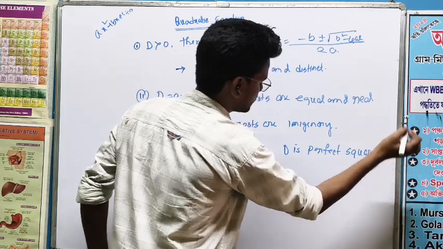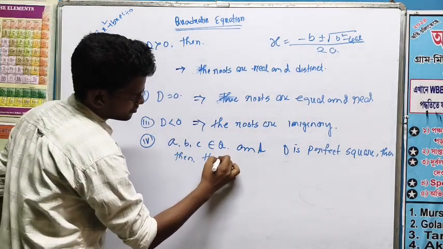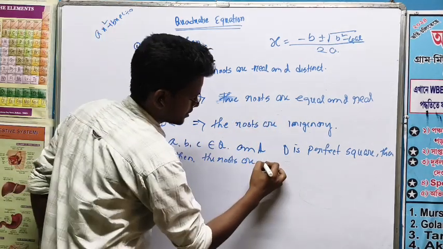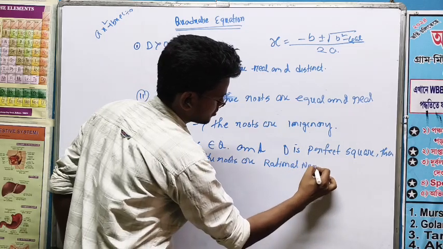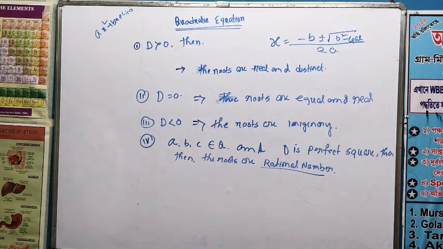Then what happens? Then the roots are rational numbers. Okay, so this is a main important topic for JEE.